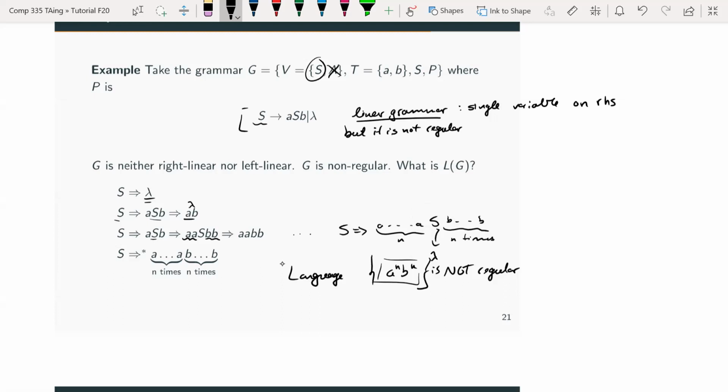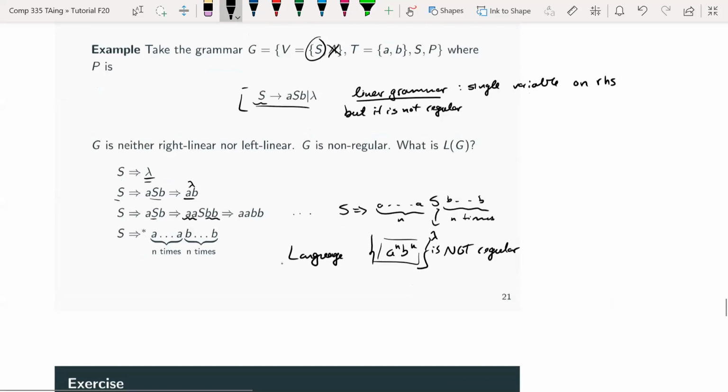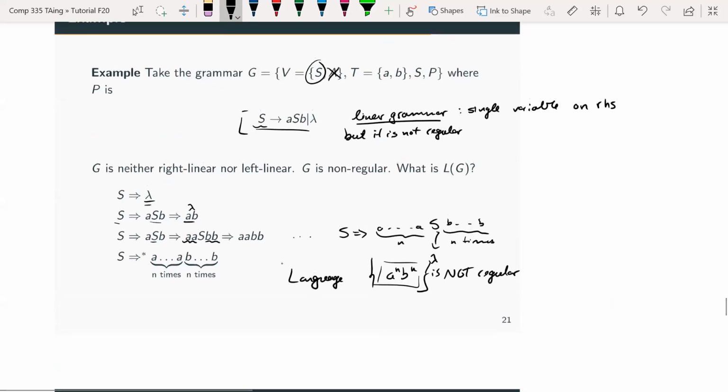Because if it was left linear, then it would need to look like S gives S A B, and if it was right linear, it would need to look like something A B S. So this is an example of a linear grammar that is not regular.